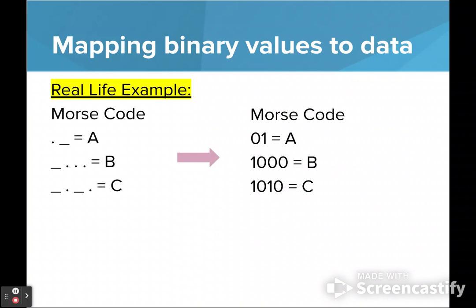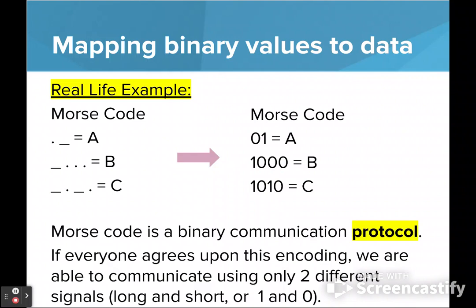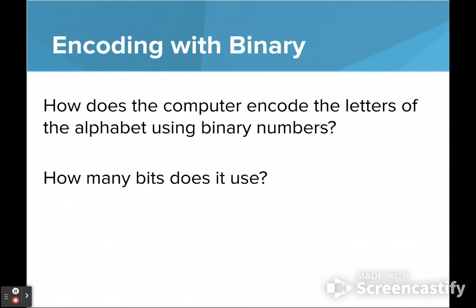B, which is the long dash followed by the 3 quick short dots, is kind of like having the number 1, 0, 0, 0. C, and so on. Morse code is a binary communication protocol. If everyone agrees upon this encoding, we're able to communicate using only 2 different signals, long and short, or 1 and 0.